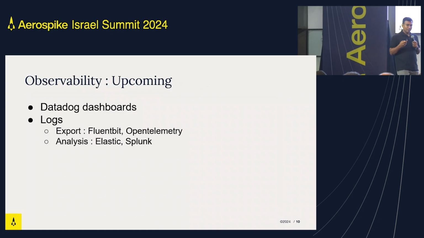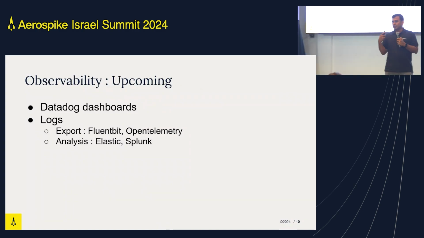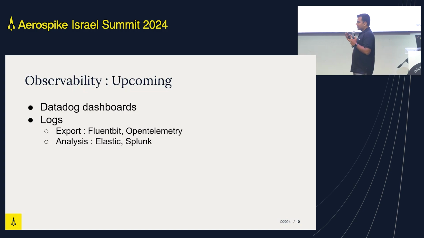The other dimension we'll be working on is log analysis. You have traditional tools like Fluent Bit or Splunk that can export the logs. We will also be supporting OpenTelemetry, where you can upload these logs to whatever your traditional system is.